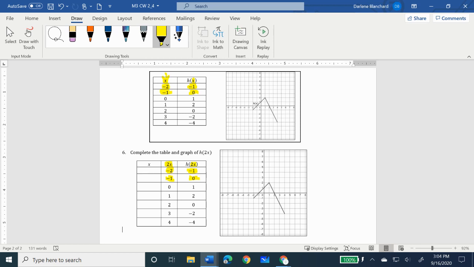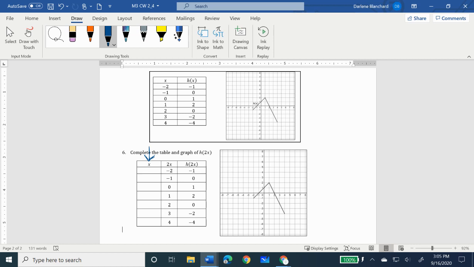Now, what you want to understand about the graphs of these functions, when I go to graph H of 2x, this x column right here represents these numbers on the x-axis, and it is the x input, regardless of who H is seeing at this moment.